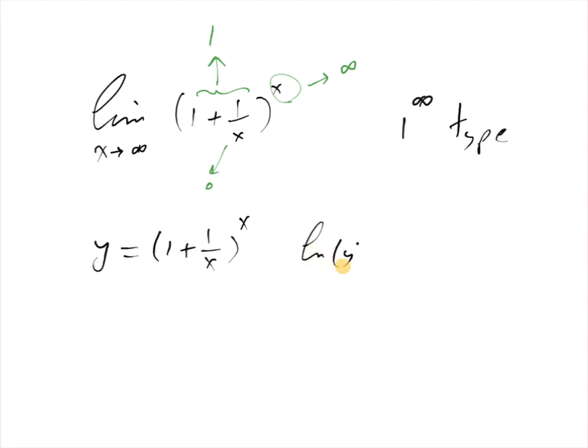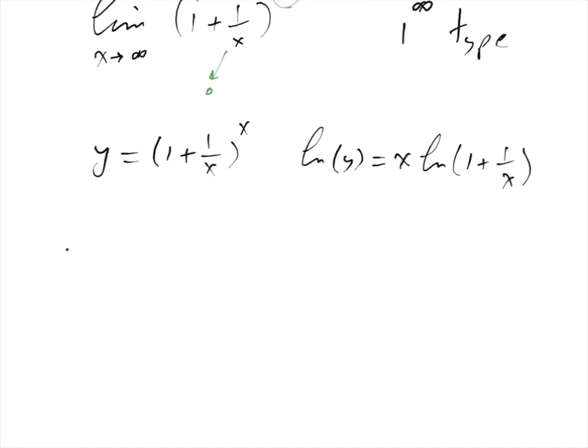So ln of y equals, by using a rule of logarithms, ln of the right side is x times ln of 1 plus 1 over x. Now our new limit is the limit as x tends to infinity of x times ln of 1 plus 1 over x.